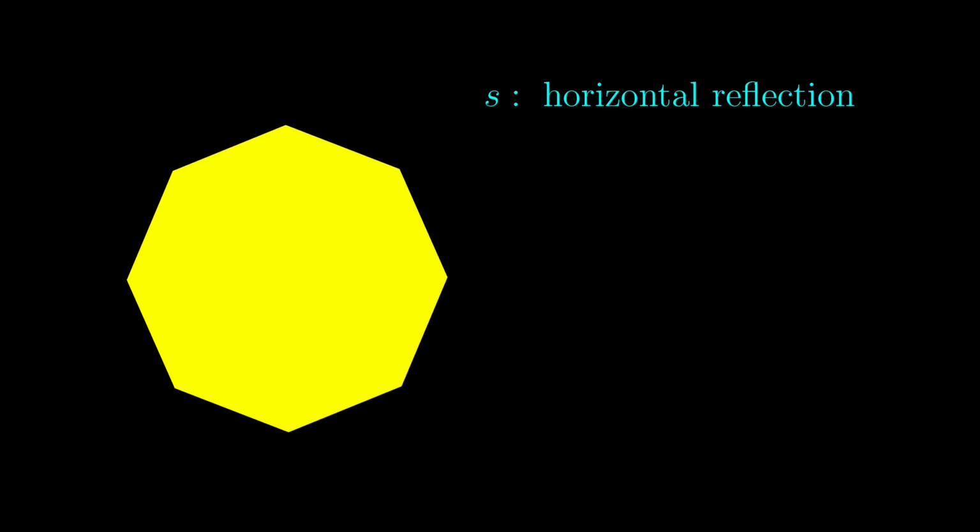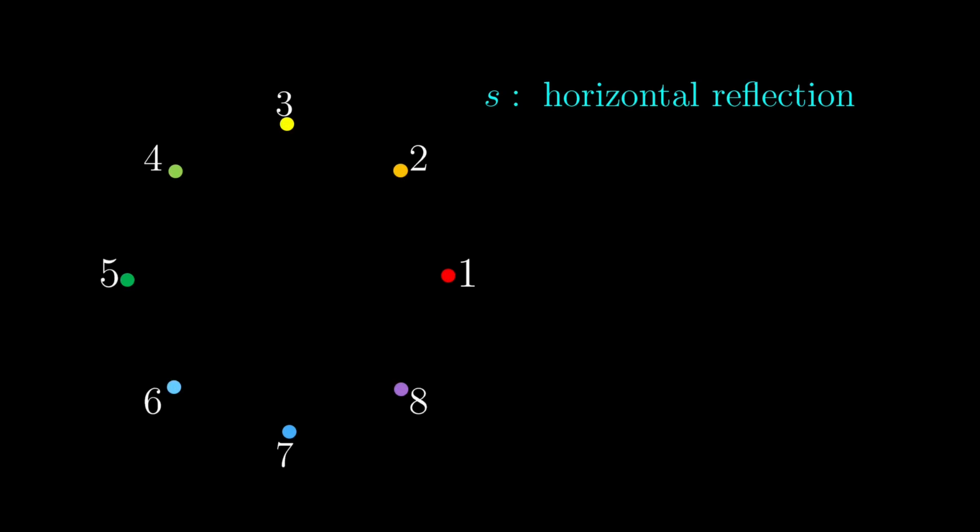So to summarize what we have so far, we have a group of symmetries of an octagon acting on the set of vertices. For every symmetry, say the horizontal reflection, we can always discard the figure and just look at how the symmetry acts on the vertices itself, which means all symmetries correspond to a permutation.